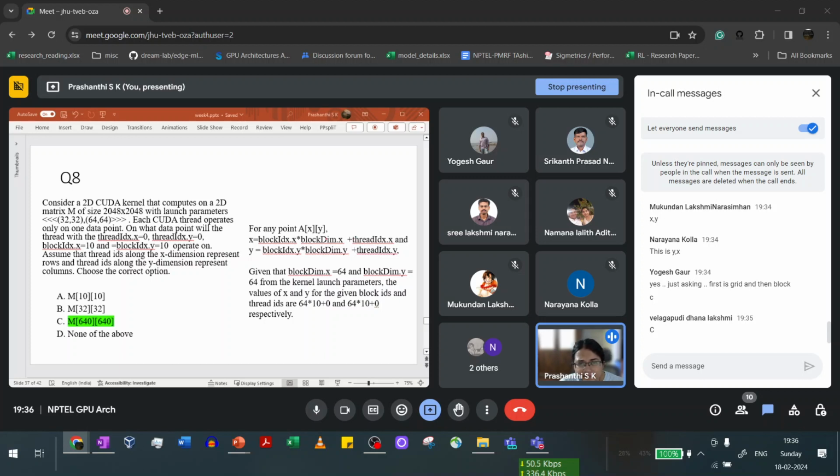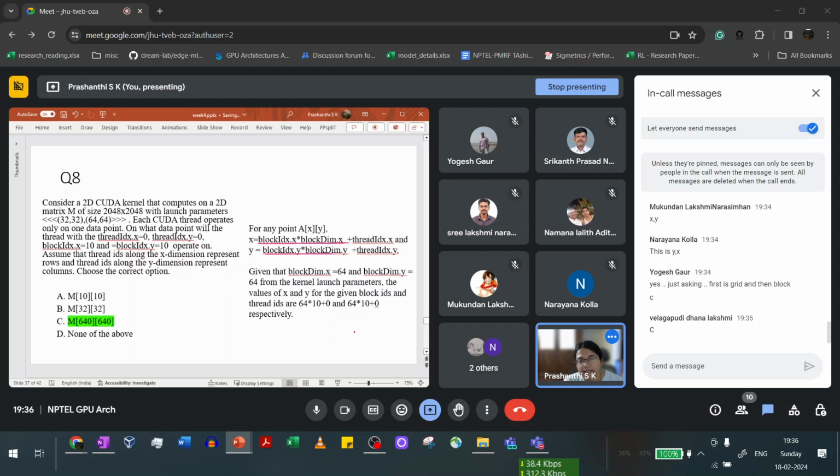This is the same offset plus previous things you've dealt with, and similarly for y. Exact same thing except that everything is y. Now you take this launch configuration and substitute it, and remember that both threadIdx values are 0, so you just need to calculate this part and this part. Both of those block IDs are 10, both block dimensions are 64, so both x and y come out to be 640, 640.